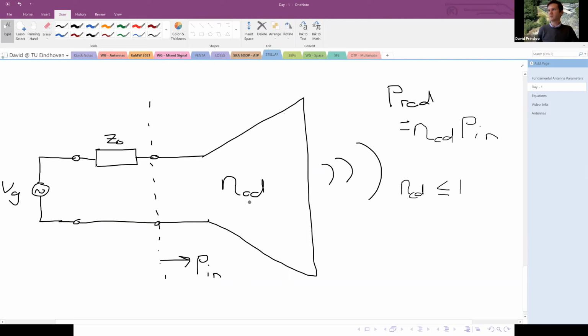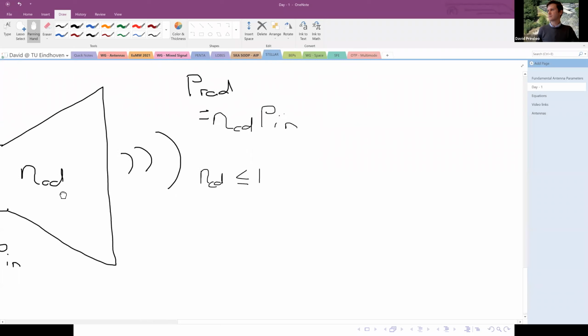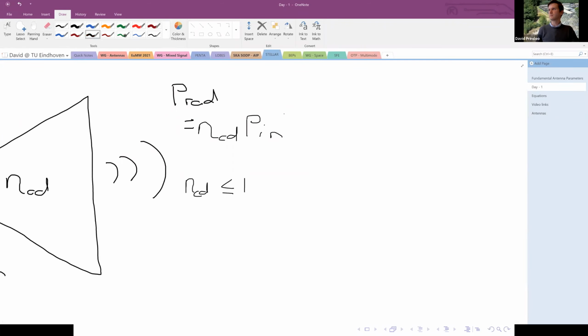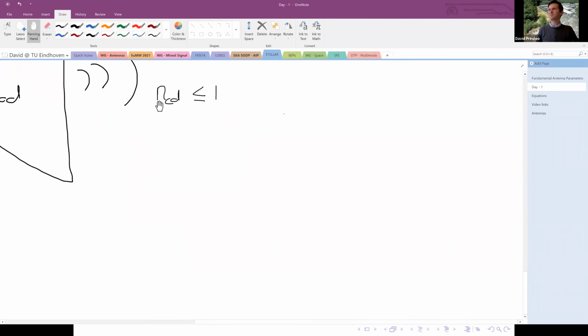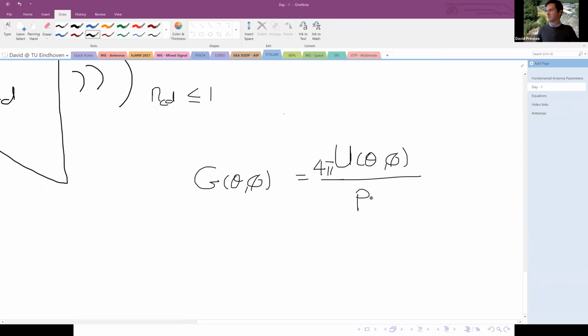If we were to write that down, we have the gain of the antenna, again defined in a certain direction, is equal to the radiation intensity in that direction divided by, well, we've multiplied by 4 pi because we know that should be done from the definition of directivity, if the accepted power is radiated isotropically.